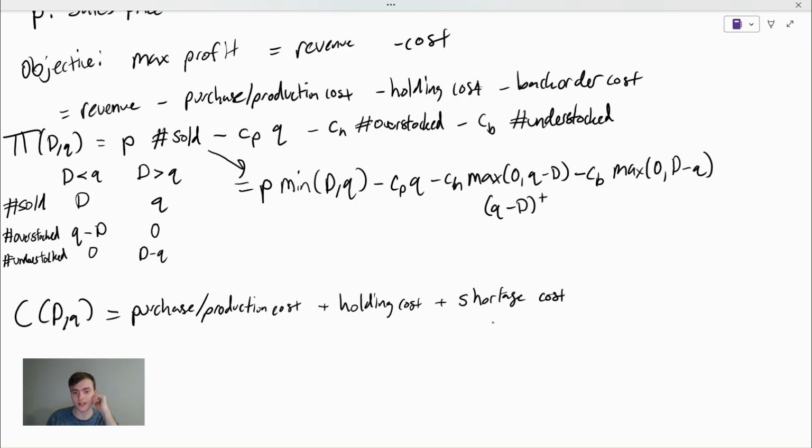So this shortage cost is the back order cost, like this extra cost we incur for not being able to fulfill the demand, and the lost revenue.